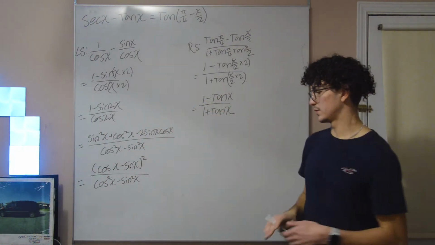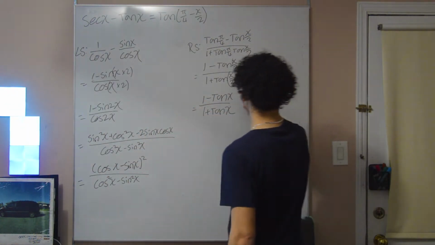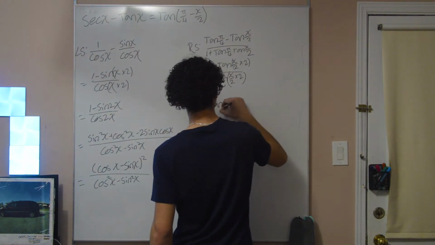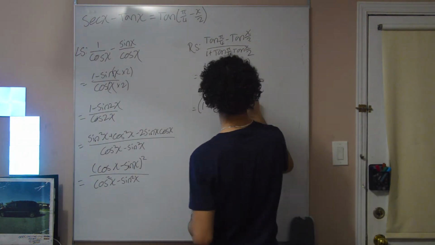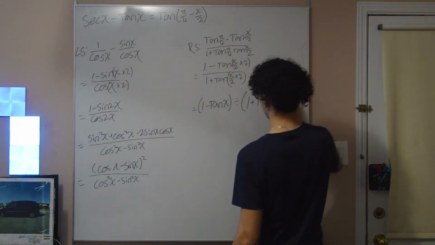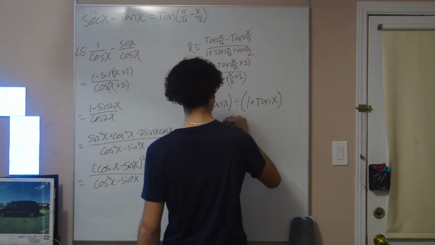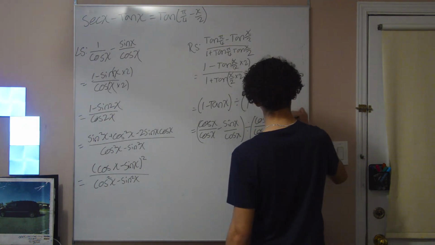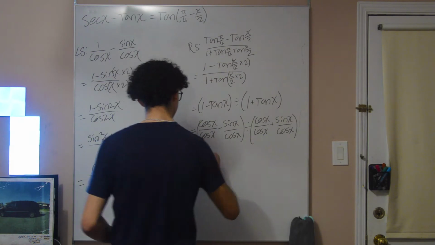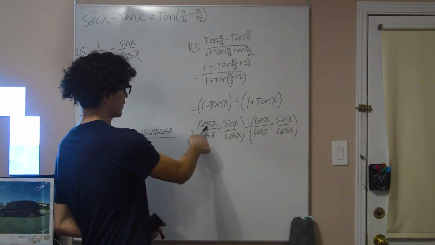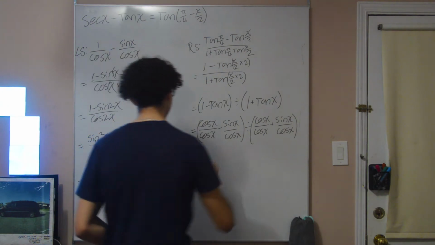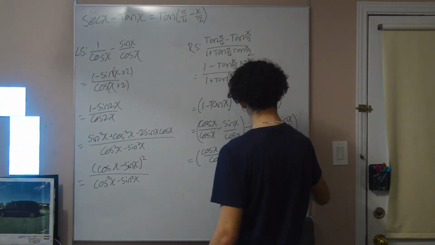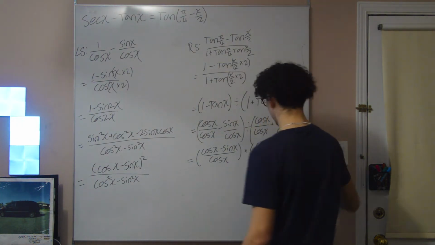Now, on this side, let's start working with it a little bit. Okay, so what I just did, I turned the 1s into cos over cos and the tans into sine over cos. Just like that.